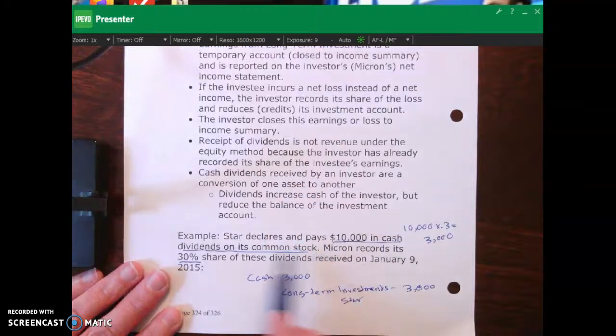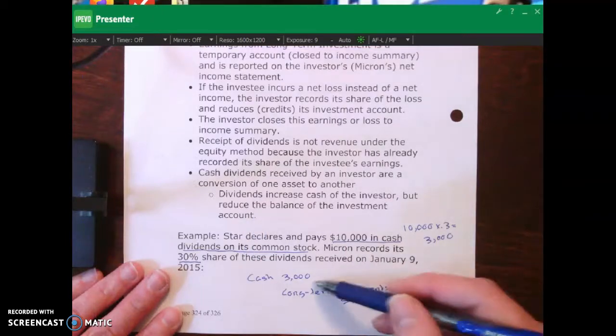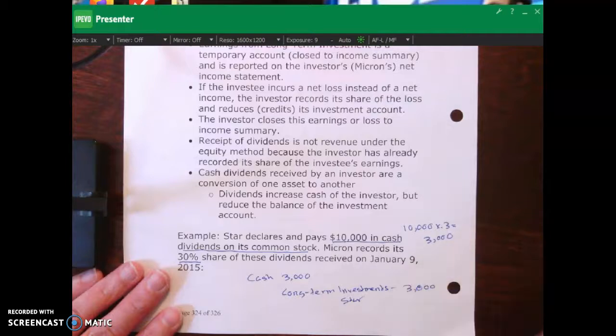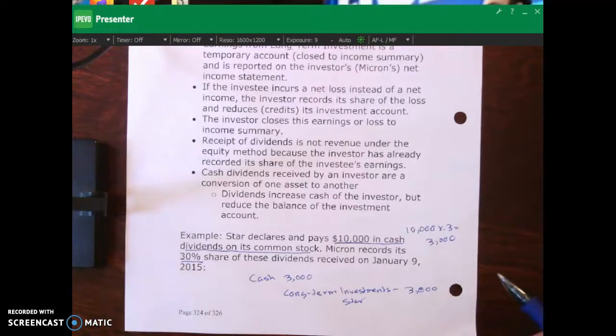Cash dividends received by Micron are a conversion of one asset to another. Basically, we're moving it into cash and moving it out of our long-term investments, Star, right there.